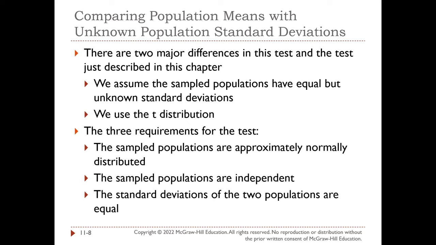The 3 requirements for this test. The sample populations are approximately normally distributed. The sample populations are independent from one another. Again, it has to be independent. The standard deviations of the 2 populations are equal.